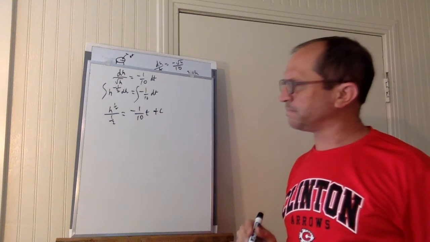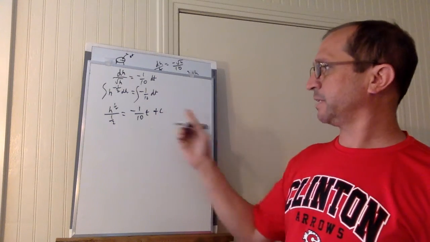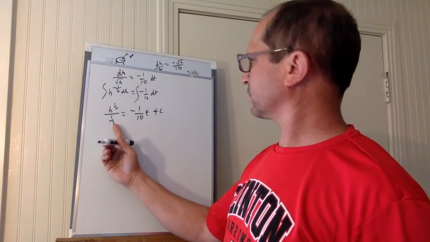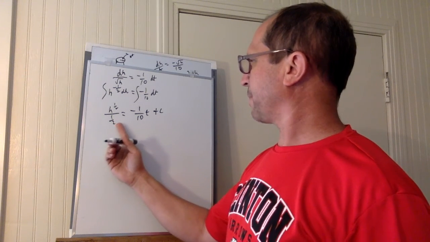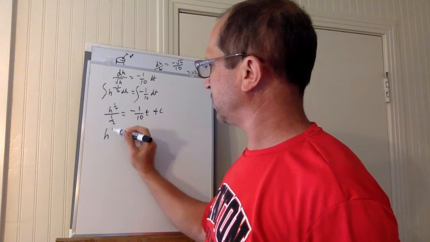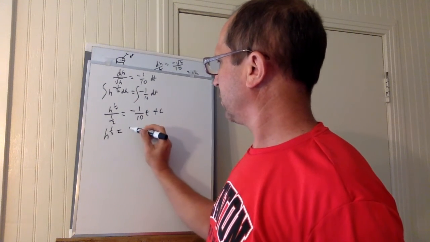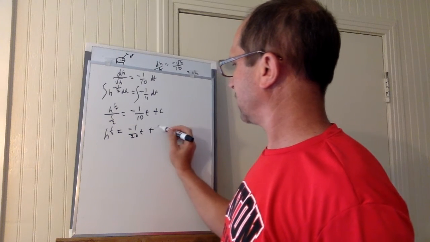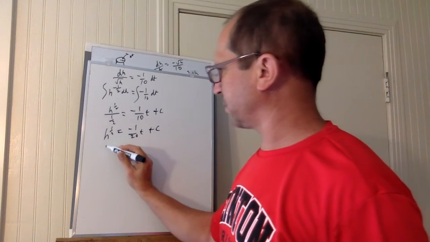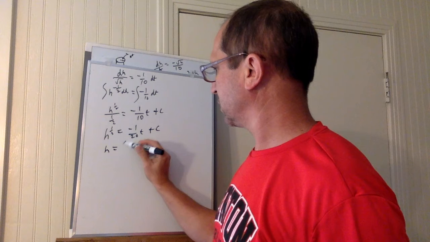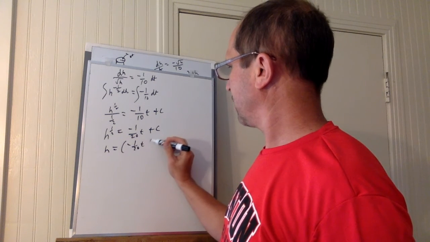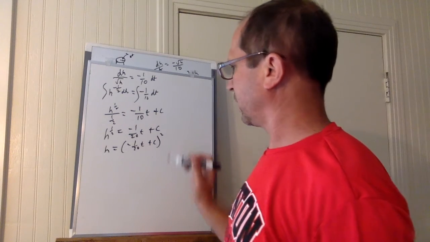All right, continue to solve it out. So I'm going to multiply both sides by 1/2, so h to the 1/2 equals negative 1/20 t plus a constant. Now square both sides, so h equals negative 1/20 t plus c, quantity squared.